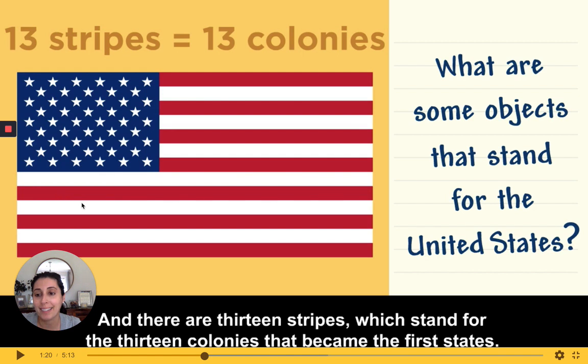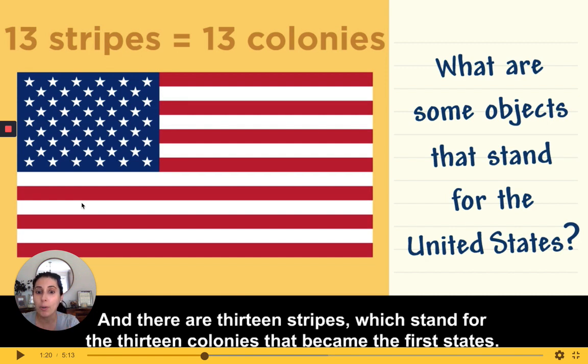Okay, welcome back. So let's see, what else did we learn about the flag? Did we learn how many stripes there are? We did. Call out how many stripes there are in 3, 2, 1. 13. That's right, there are 13 stripes. And what do those 13 stripes stand for? Call it out in 3, 2, 1. The 13 colonies.